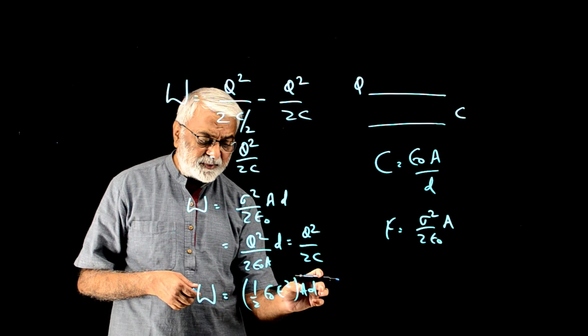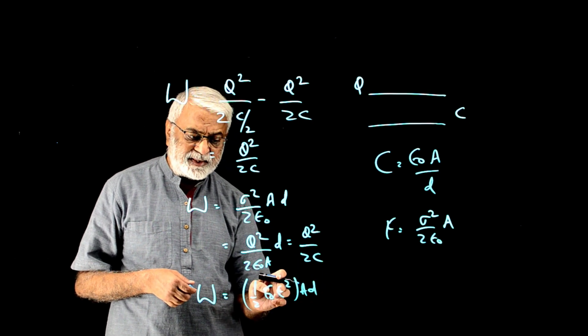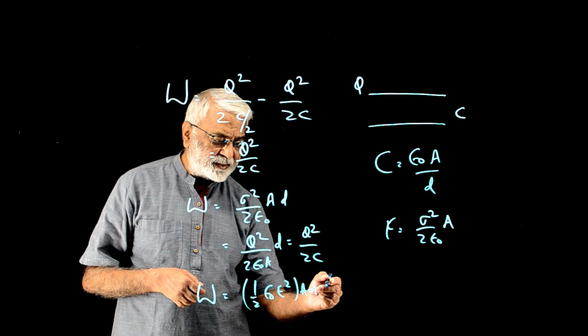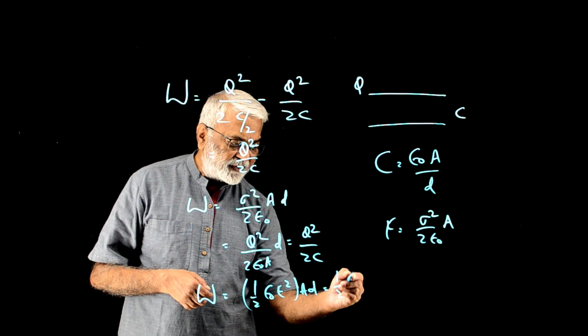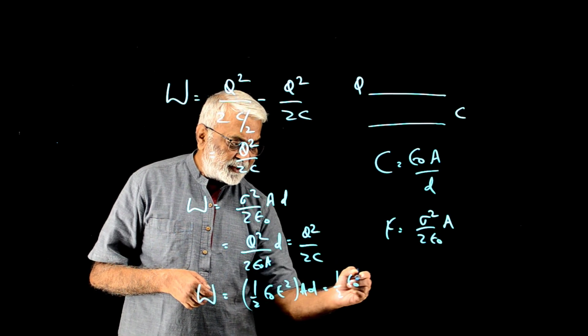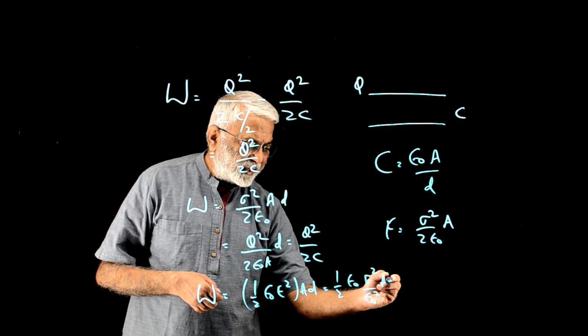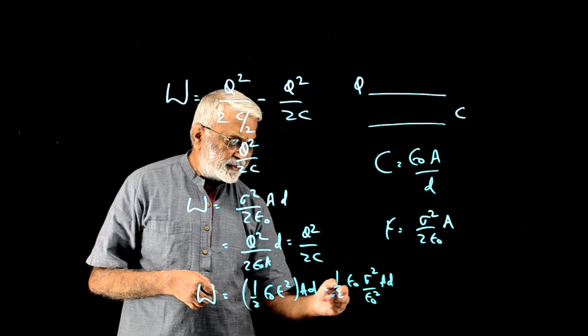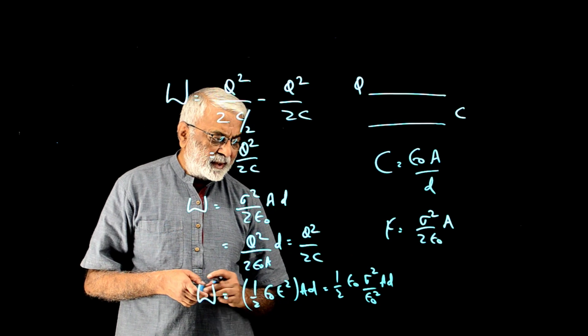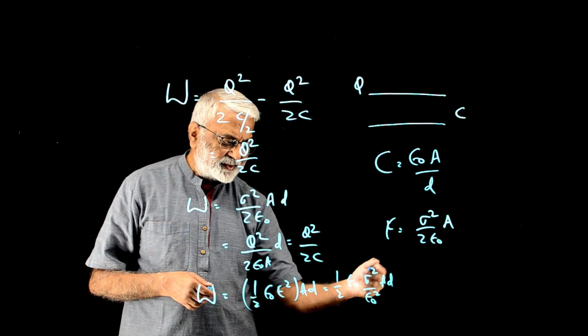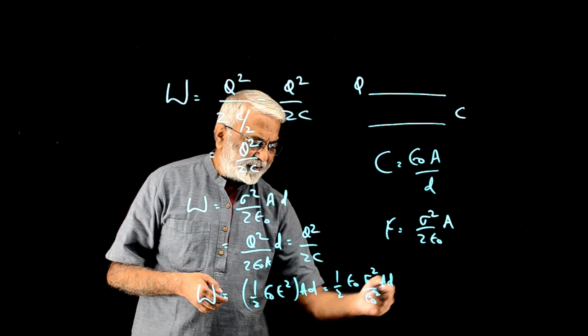The field is E, and E is sigma by epsilon 0. So half epsilon 0 into sigma squared by epsilon 0 squared into AD, epsilon 0 cancels out, one sigma is Q, and epsilon 0 A by D is C. So you get Q squared by 2C here.